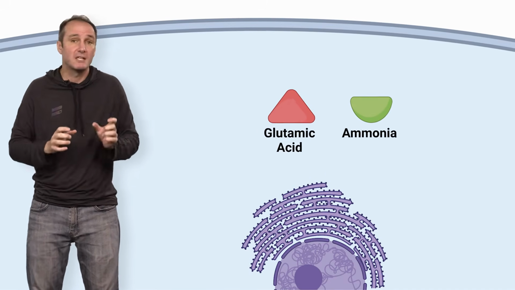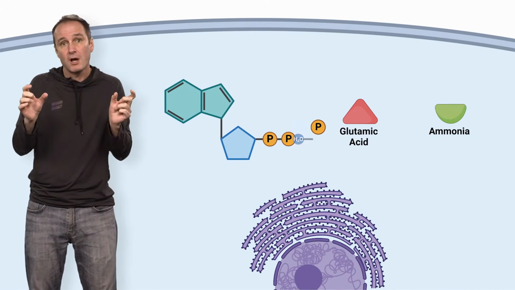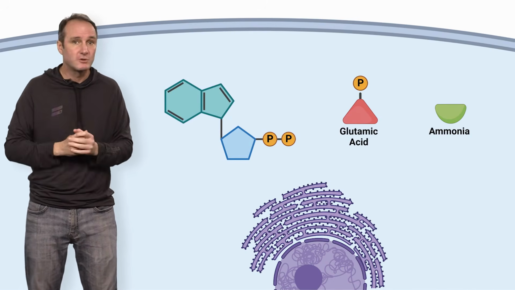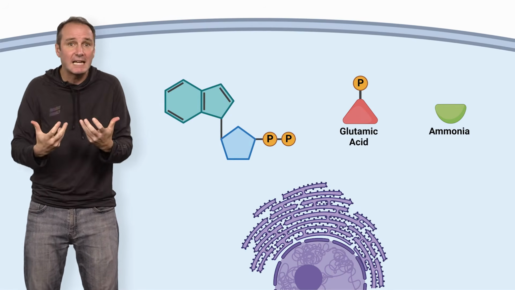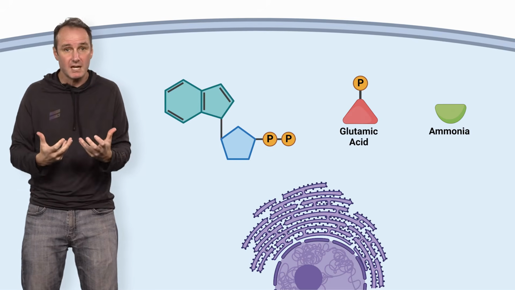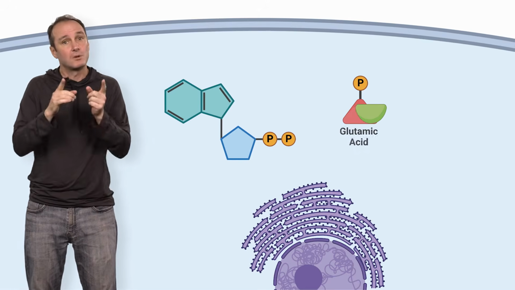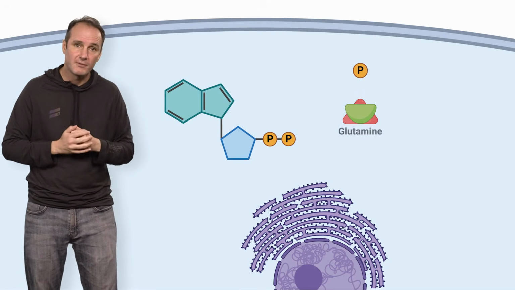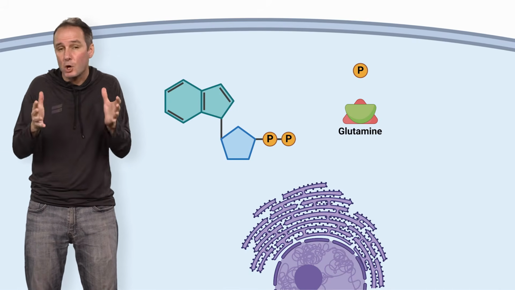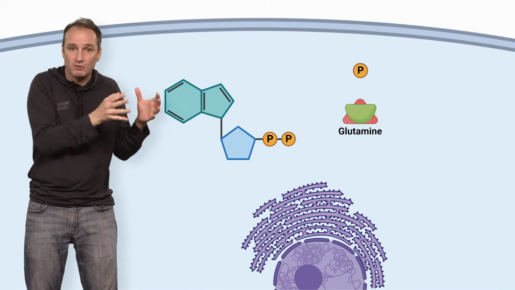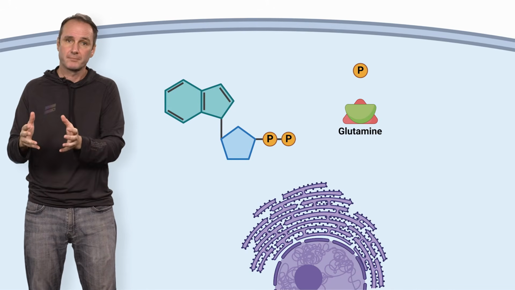And what has to happen is that it's the hydrolysis of ATP and the transfer of that phosphate to glutamic acid that puts glutamic acid into a highly energized intermediate state that only then is it able to react with ammonia and to give us glutamine. This reaction simply could not happen without that hydrolysis of ATP and that phosphorylation event.